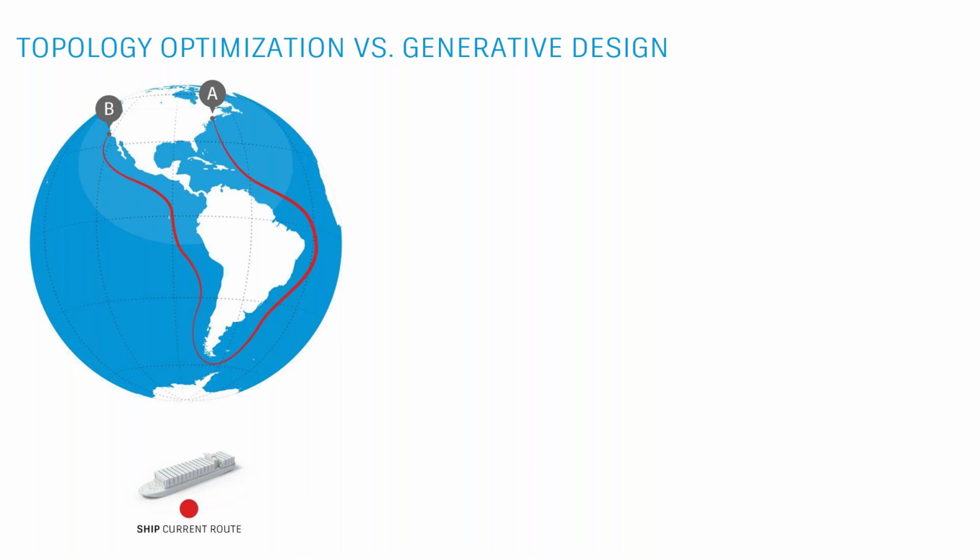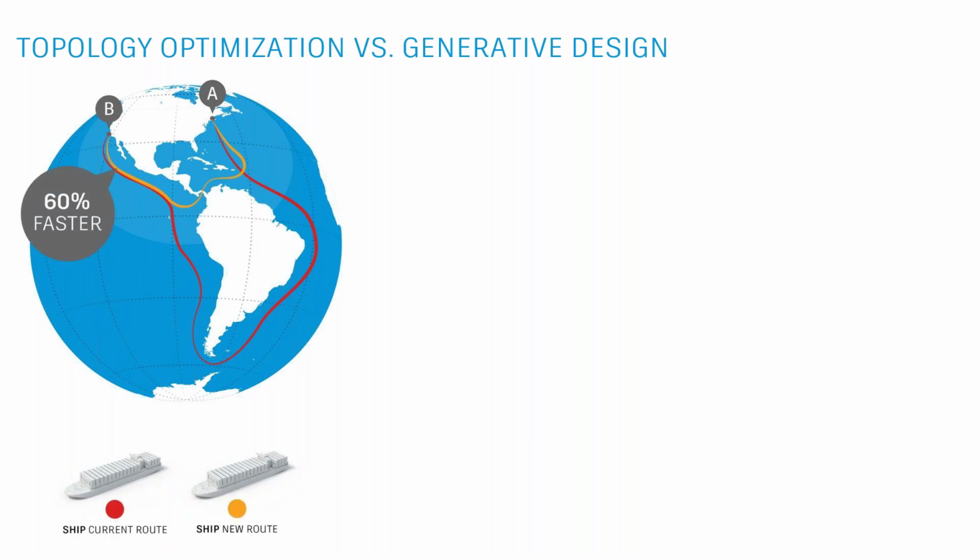That's equivalent to perhaps our current part or our current assembly. What topology optimization does is it removes material, right? So it looks at your constraint, it looks at your load, and it figures out where's the least stressed regions of my part, and I'm going to make it lighter, or in terms of the transportation analogy, I'm going to make it faster. So for instance, we can get from point A to point B.